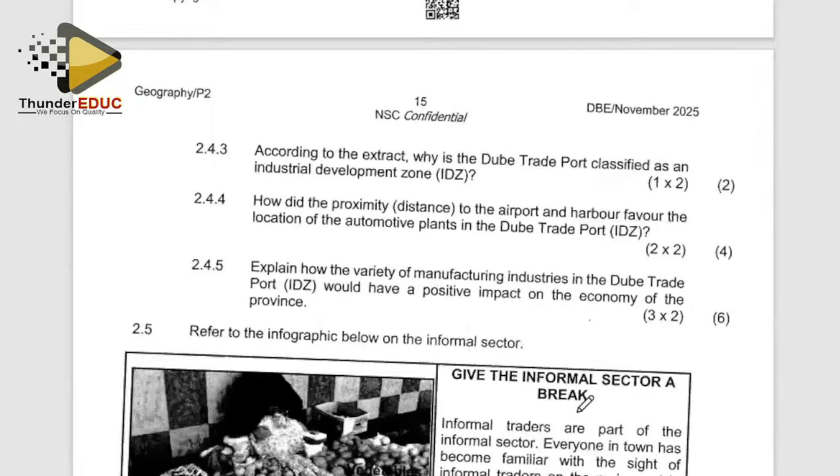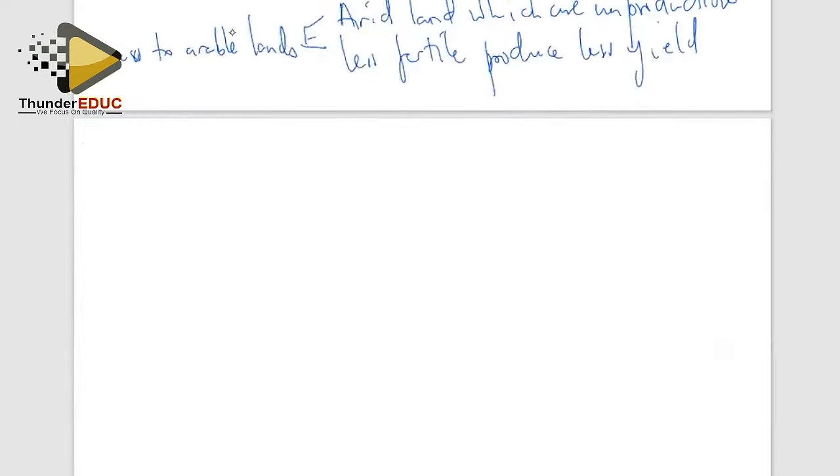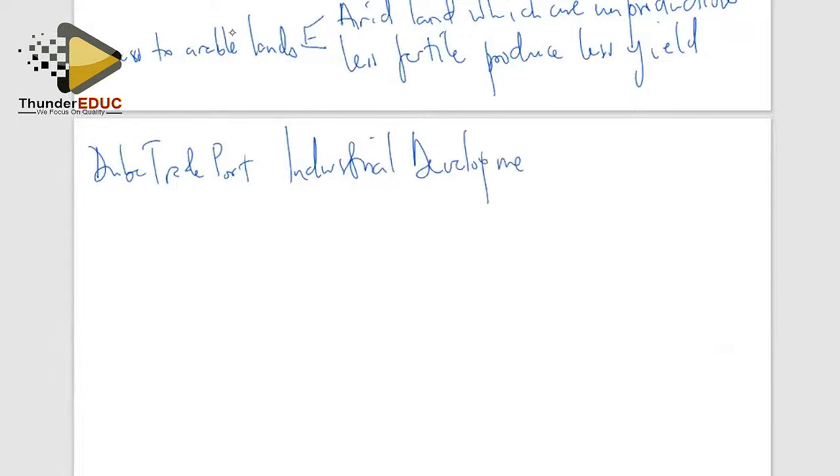That is our quote. According to the extract, why is the Dube Trade Port classified as an industrial development zone? Let me clarify on the industrial development zone for the sake of clarity of the question. Why is the Dube Trade Port regarded as an industrial development zone?